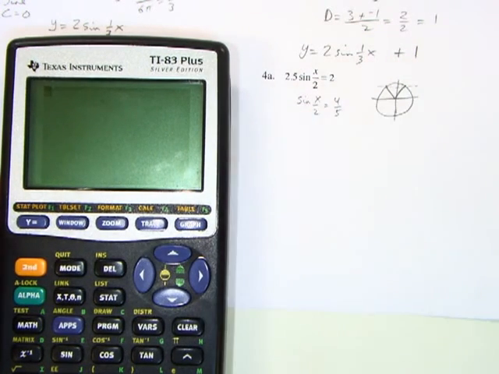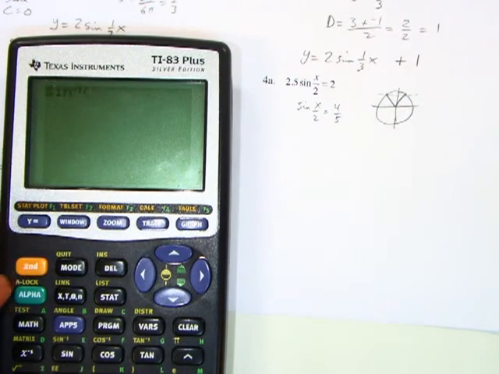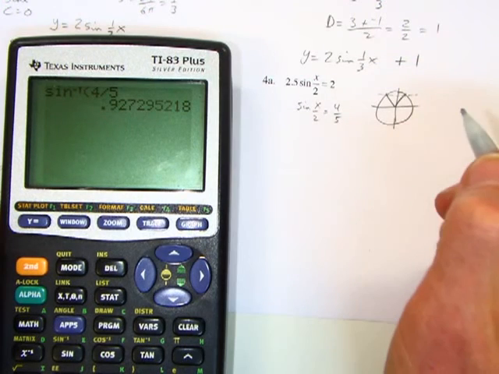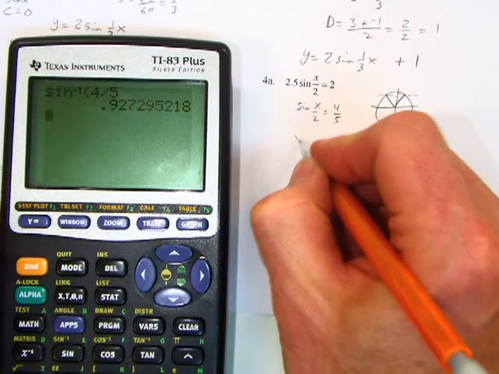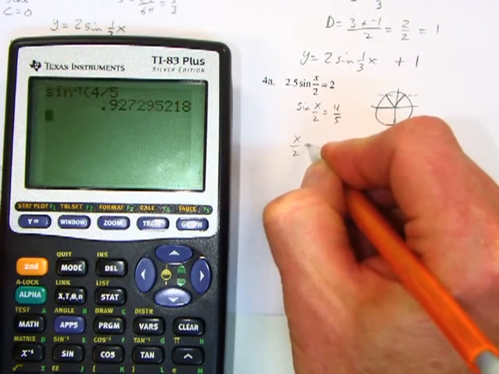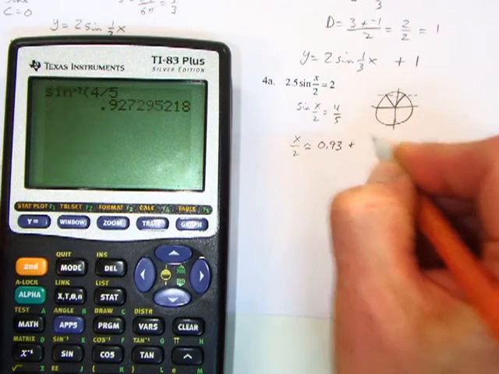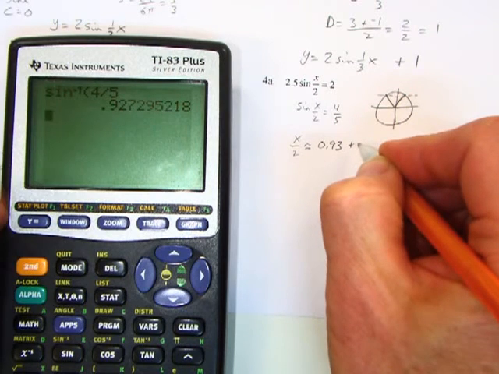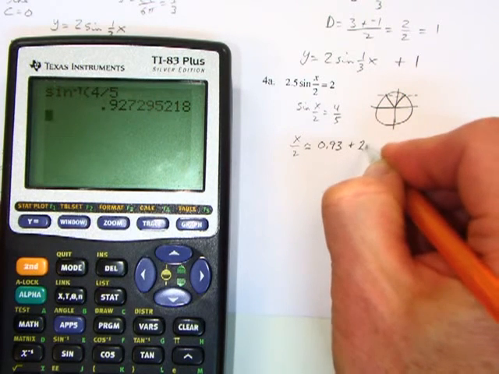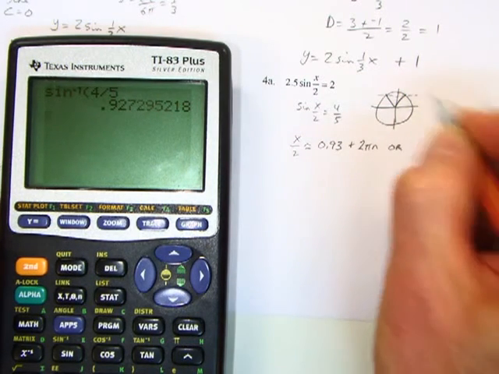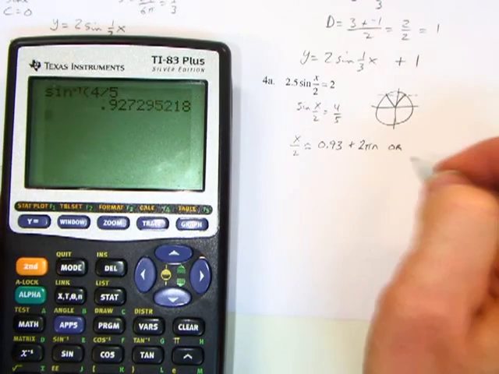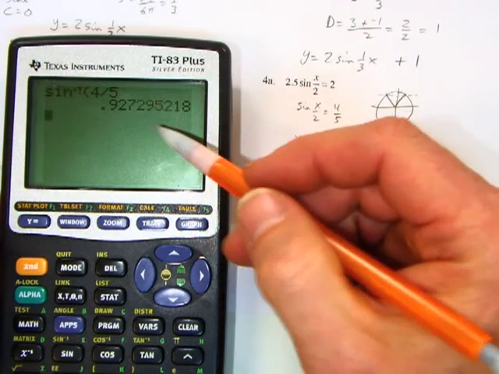So I'm going to take out my calculator. I have inverse sine of 4 over 5, or 0.8, and I get 0.927. So I'm going to have x over 2 is approximately equal to 0.93. Now I'm going to write that on my paper, but I'm going to keep this number on the calculator, plus 2 pi n. Or, now before I go to this or part, let's take this and store it into a letter.